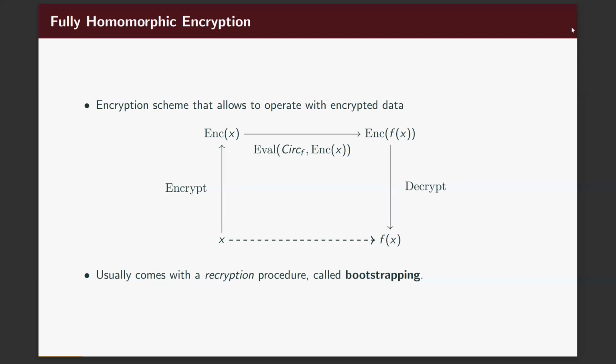Then the user will get the encryption of f(x) and decrypt with his or her secret key to retrieve f(x). When it comes to fully homomorphic encryption, they are capable of evaluating circuits with arbitrary depths. In order to support arbitrary depths, they usually come with a recryption procedure called bootstrapping.